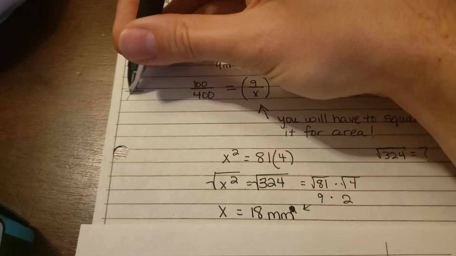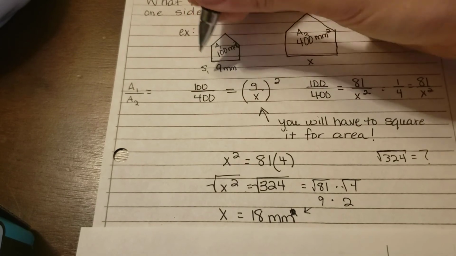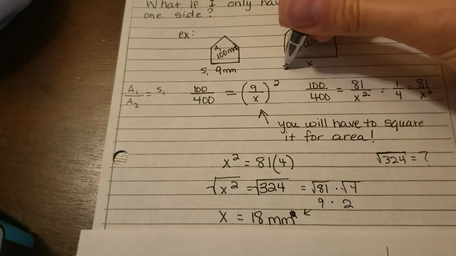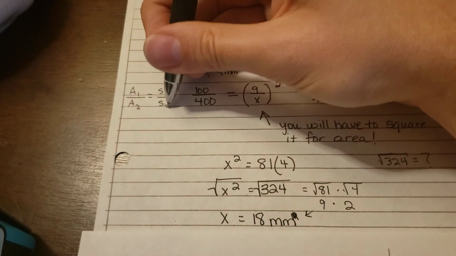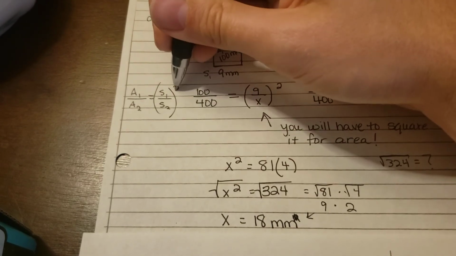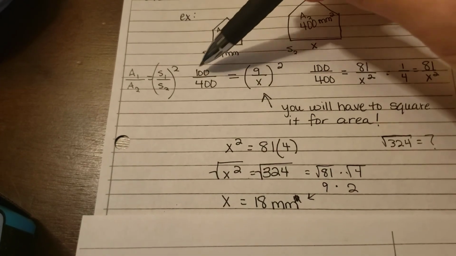A1 over A2 equals side 1 over side 2. But with sides and areas, we need to square this bad boy. So that's how we get here.